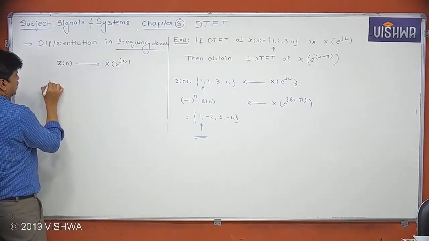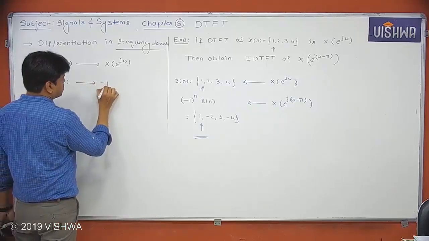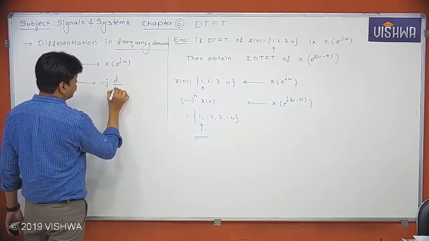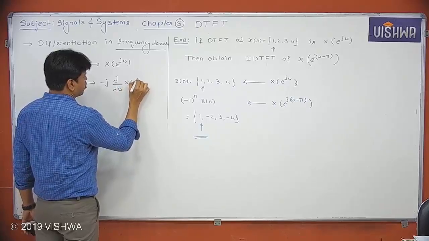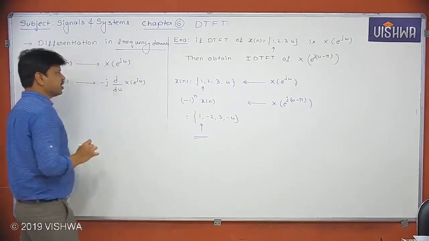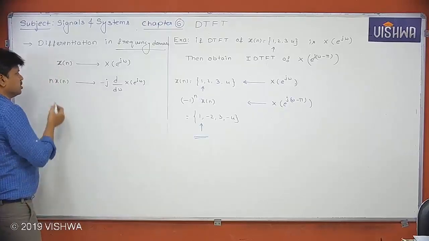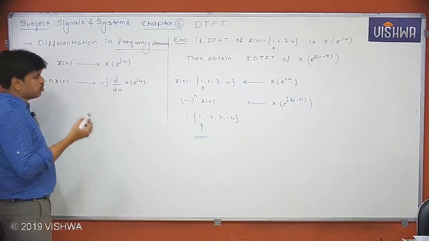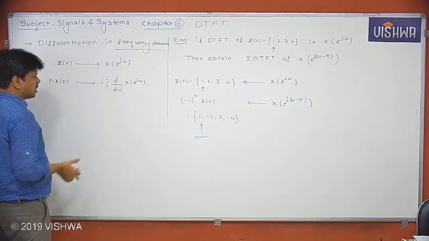Then n x of n has DTFT minus j d by d omega of x of e power j omega, which is similar to the Fourier transform. For the Fourier transform we have the same kind of formula, that is t x of t having Fourier transform minus j d by d omega x of omega. So the same kind of formula.